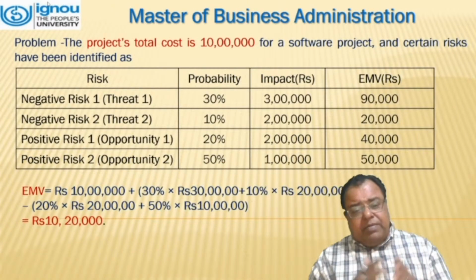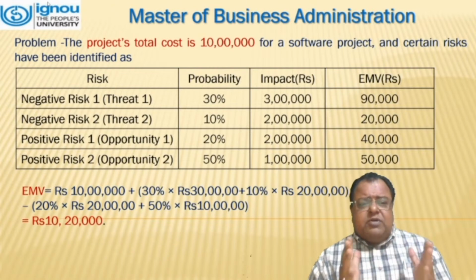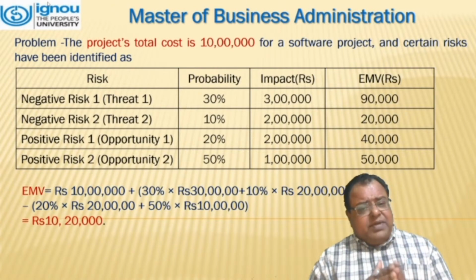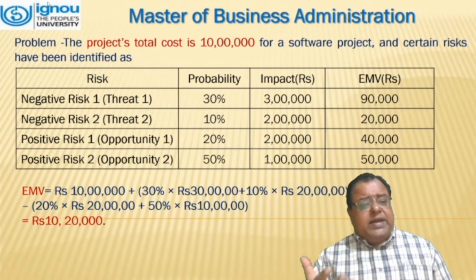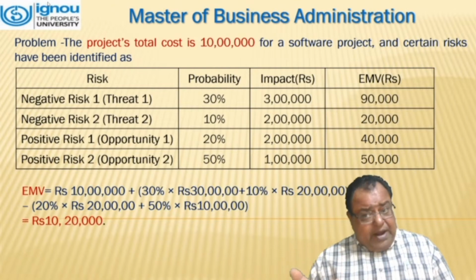Now, we take up a problem to understand what we have discussed. Suppose the project's total cost is somewhere around 10 lakhs for a software project, and certain risks have been identified. Negative risk, that is threat one, its probability, its monetary value, that is its impact, and what will be its EMV.